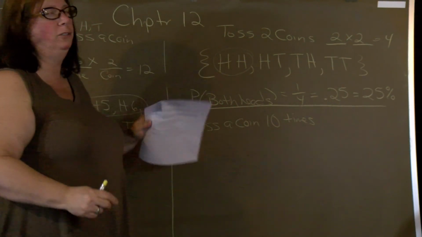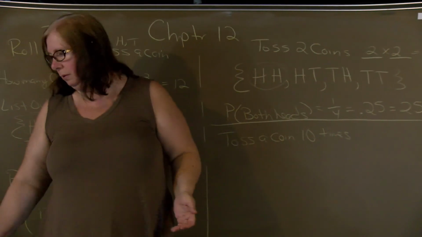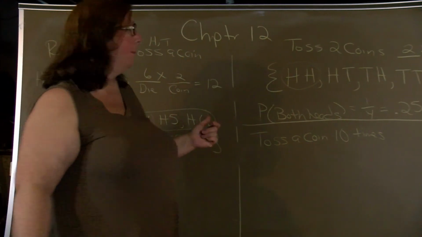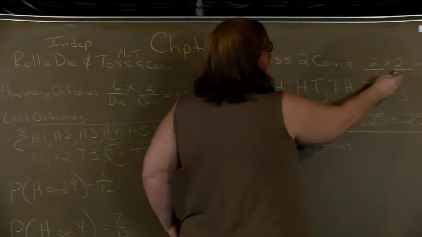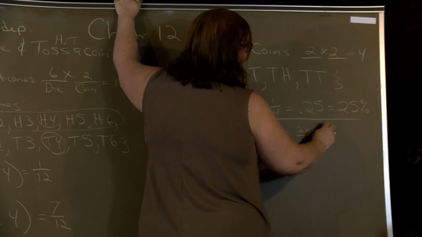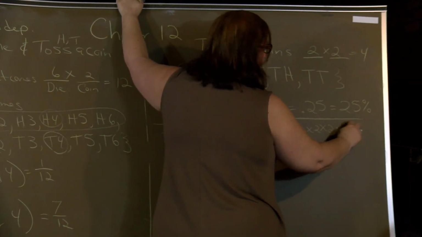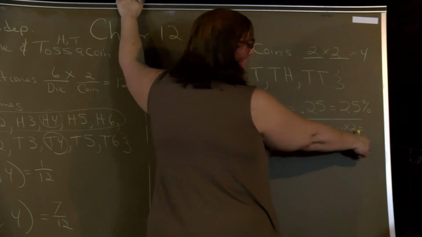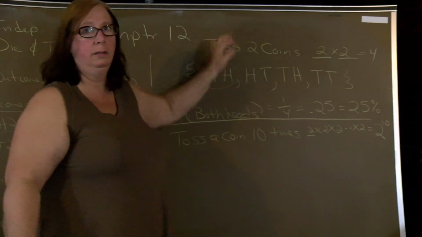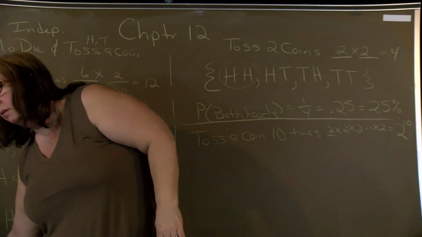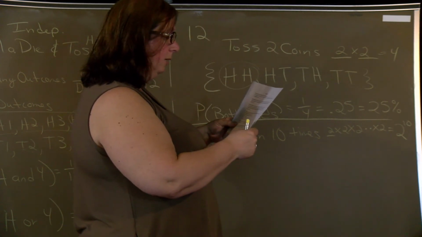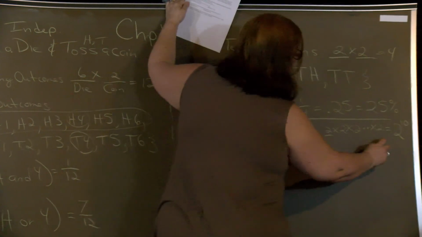Well, what if we need to toss a coin 10 times? How many outcomes are there? Instead of just 2, we'd be doing this 10 times: 2 times 2 times 2, and so on. So there'd be 10 of them, or 2 to the 10th, which would be 1,024.